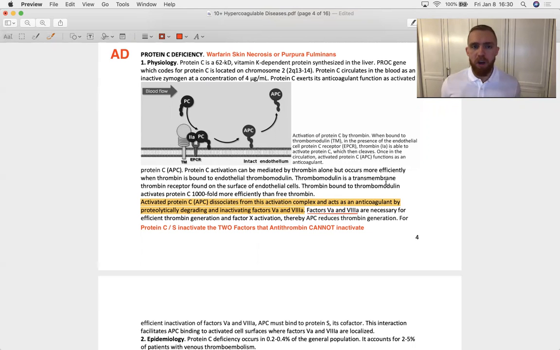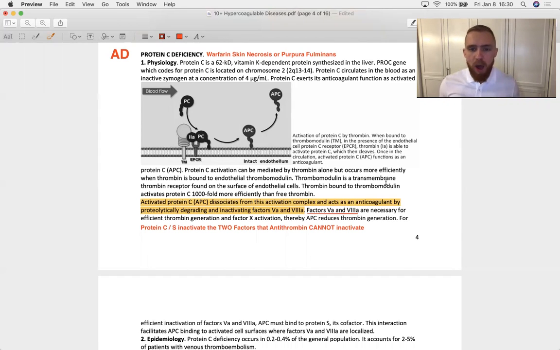Now, wouldn't you know it, when you give someone warfarin, the very first protein that just falls off the face of the earth, you stop making it, is protein C. So before warfarin really kicks in and you're inhibiting factors 2, 7, 9, and 10, you're going to go through a transitory hypercoagulable state, because you're missing protein C for a really short amount of time relative to all your other clotting factors.